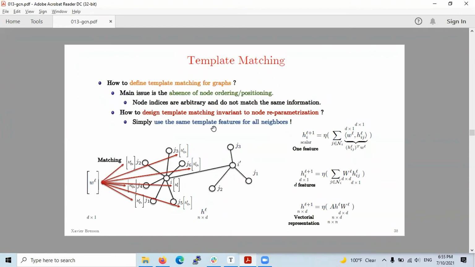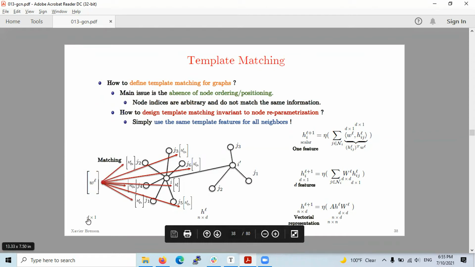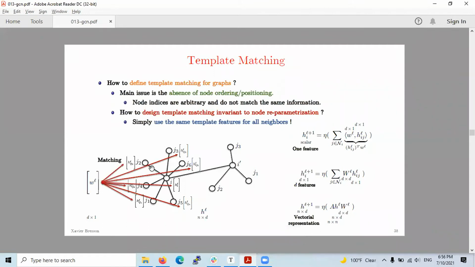The solution to that is using the same feature vector for all neighbors. A feature vector could be of size d by 1, which is multiplied with all the nodes within the neighborhood of the particular node that we are targeting for the convolution.